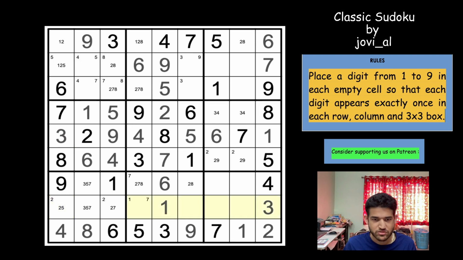Okay, 3 is not in this row, 3 goes here. That means this is a 2, 5, 7. Excellent. Okay, 1 is in one of these two cells, and 1 is not here, 1 is not here. So 1 goes here for box 2, and that gives 1 in here. Excellent, guys. Beautiful Sudoku. This is a really wonderful Sudoku.